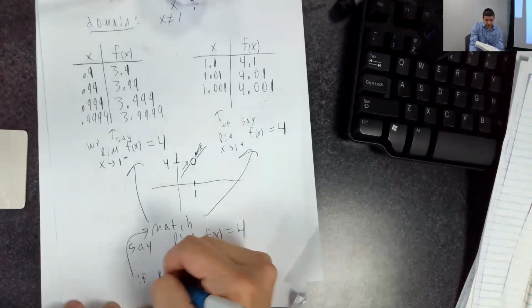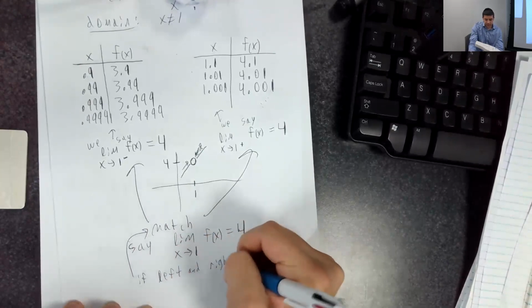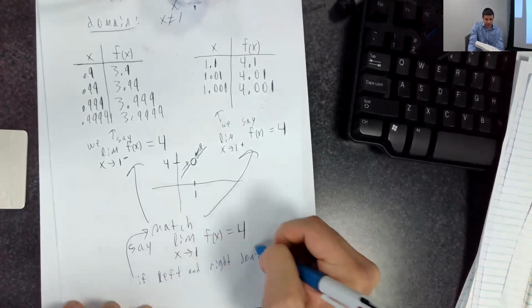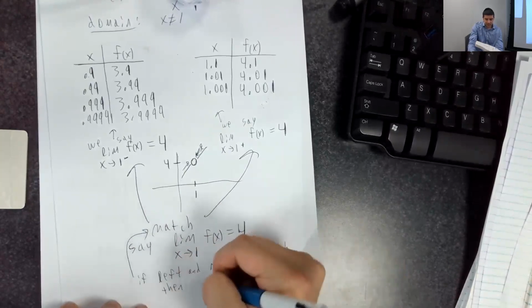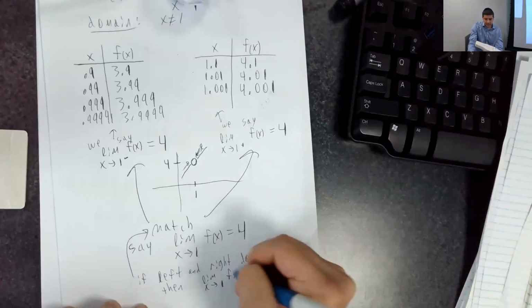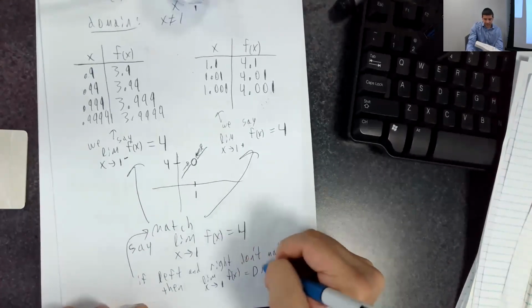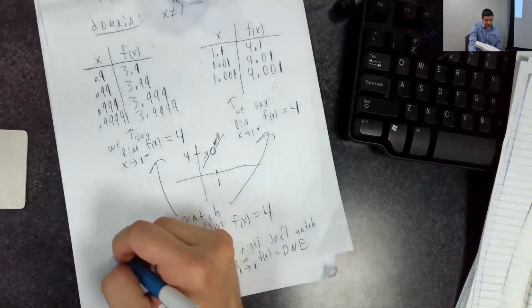If left and right don't match, then the limit as X goes to 1 of f of X is DNE. It does not exist. And what does it look like if it doesn't match?